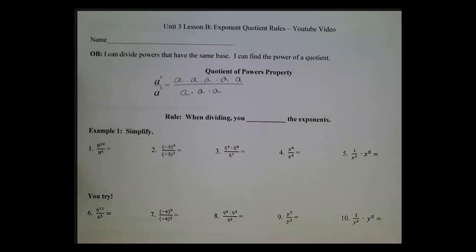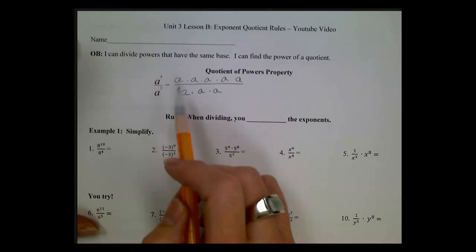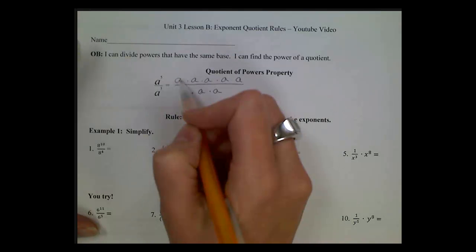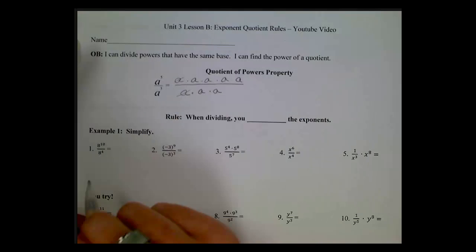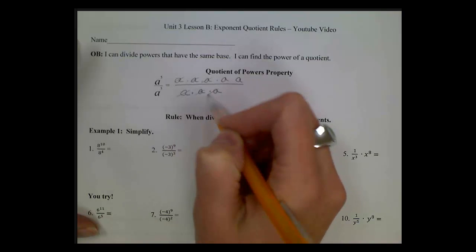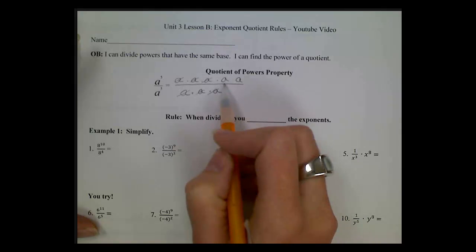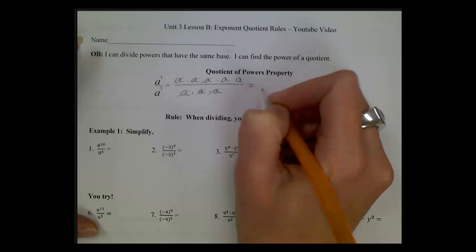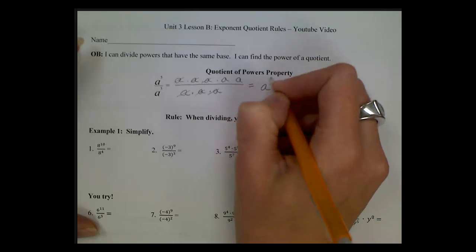Now, let's think about what happens when you have something that's both on top of the fraction and on the bottom. We can cancel those things out so that those a's can cancel out, these a's can cancel, and these a's can cancel, and that leaves us with two a's on our numerator. And if we were to write that with an exponent, we can write that as a squared.